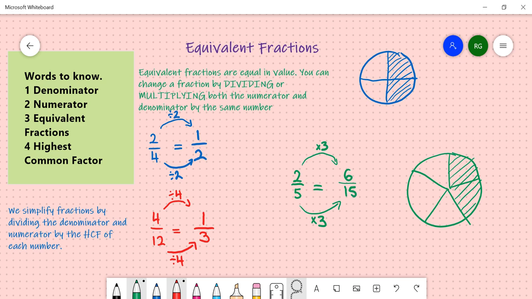So 6/15 is the same as 2/5, and we can show that here by turning this into 15 pieces, and we still have 1, 2, 3, 4, 5, and 6 pieces shaded in. So, same amount of pizza, just a different way of writing it.